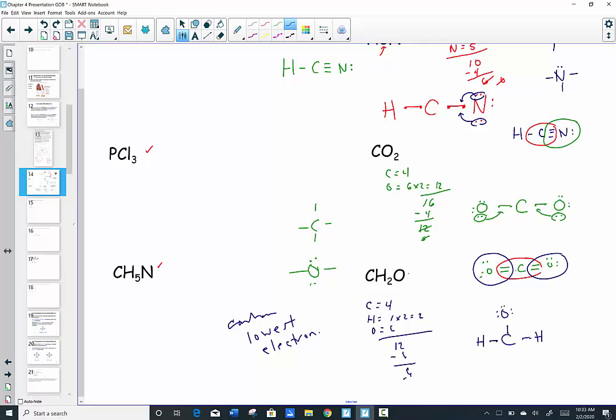We're out of dots. However, clearly we see oxygen wants to have 2 dots, 2 bonds. That's what it would like to have. Carbon needs to have 4 bonds, so we're not done yet. Do you notice carbon doesn't have enough bonds?